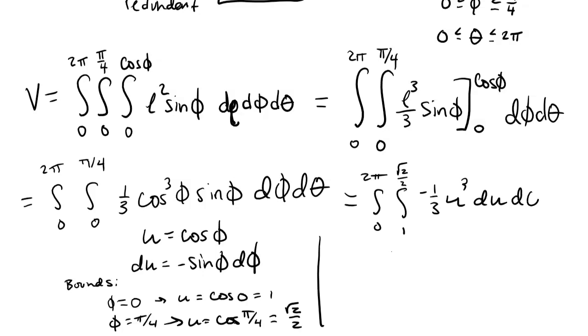And then this is still d theta. So then we're going to end up with a negative 1 over 12 u to the 4th. That's going to get evaluated from 1 to square root 2 over 2. Then this is still 0 to 2 pi d theta.